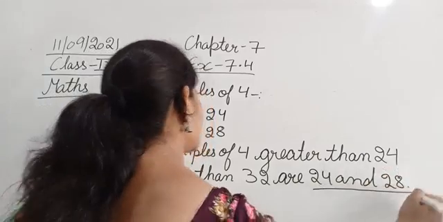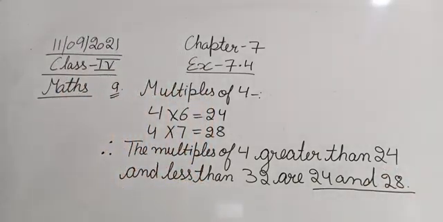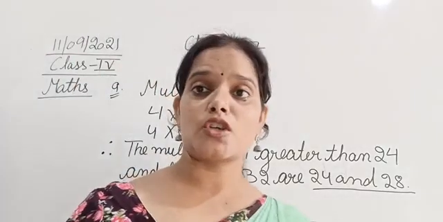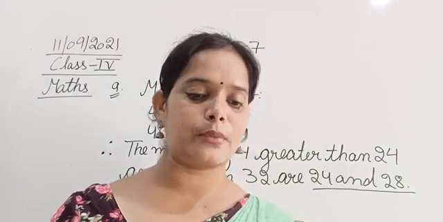So the multiples of 4 greater than 20 and less than 32 are 24 and 28. Okay, so this is the solution for question number 9 of exercise 7.4. You can pause it here and write it down in your notebooks. Chalo, moving next. Okay, so now with this we have completed the topic 7.4.